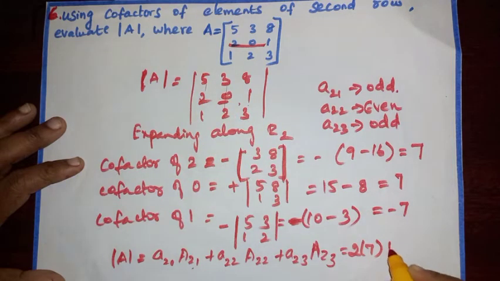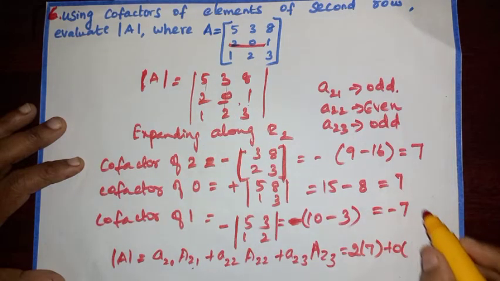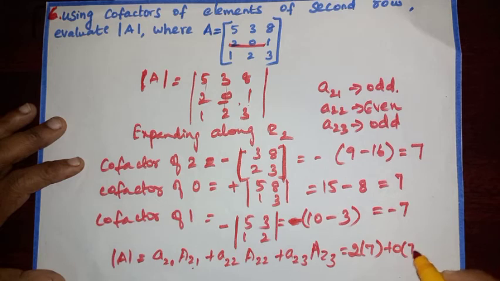A22 is 0 into 7, plus A23 is 1 into minus 7. 2 7s are 14, 0 into 7 is 0, 1 into minus 7 is minus 7.